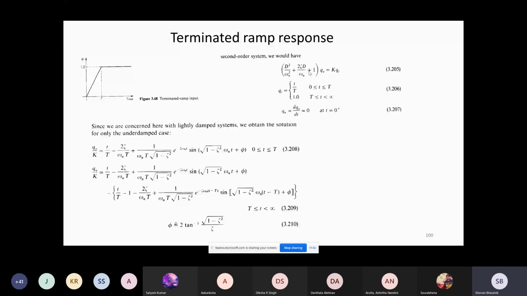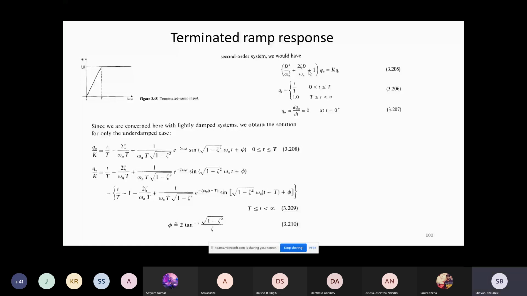If the time is in between 0 to capital T, the input is small t by capital T. That means it is a ramp input, increasing with time. Whenever it reaches capital T, the qi becomes 1. So when the time is in between capital T to infinity, the qi is 1. That is the point.